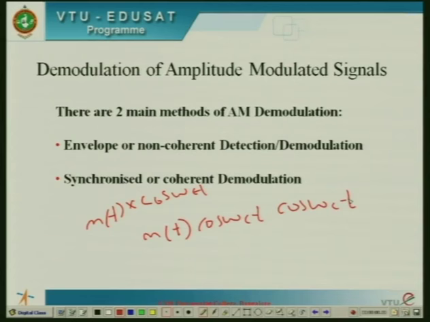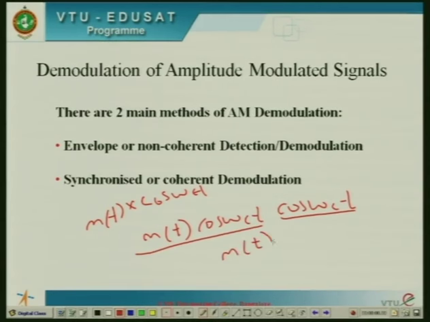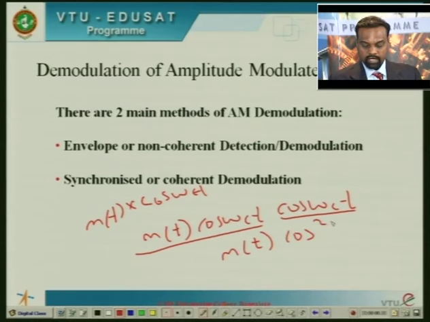So this is the transmitted data, and this transmitted data is now multiplied by cos of omega ct. When you multiply m of t cos of omega ct with cos of omega ct, you get m of t into cos square omega ct. This cos square omega ct is obtained because you are multiplying by the same carrier at the receiver, that is cos of omega ct.